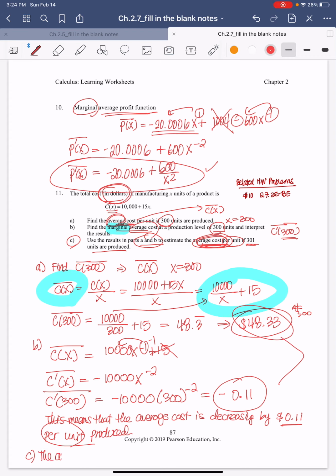The average cost per unit for the 301st unit would be $48.33 minus 0.11, which is $48.22. Okay?